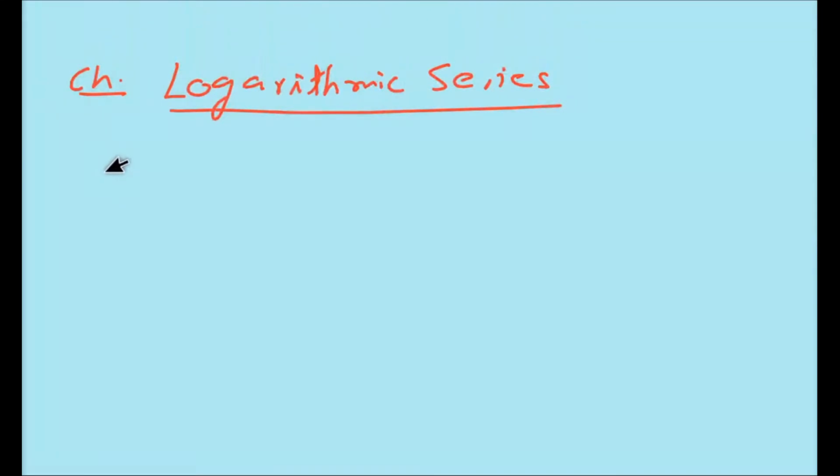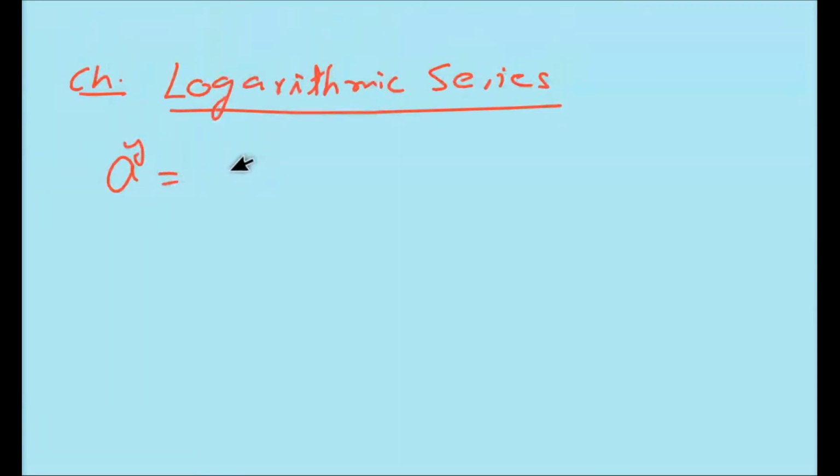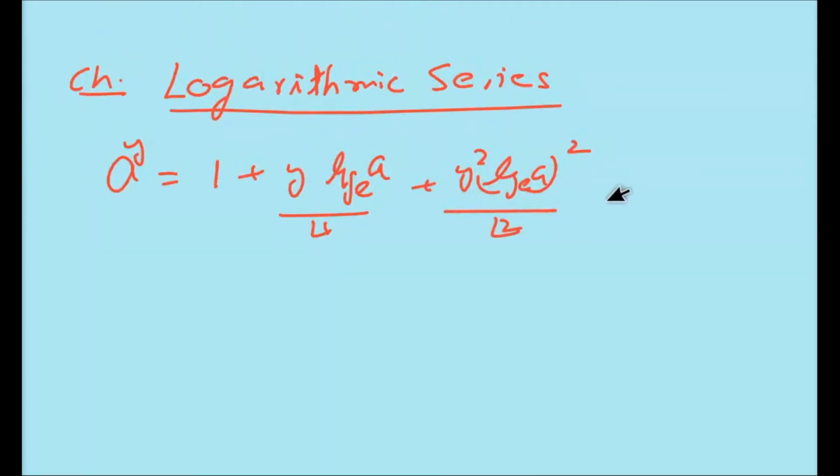As you have already learned in the chapter exponential series, a to the power y equals 1 plus y log_e a upon factorial 1, plus y square (log_e a) square upon factorial 2, and similarly so on.